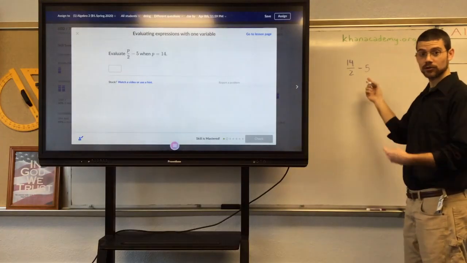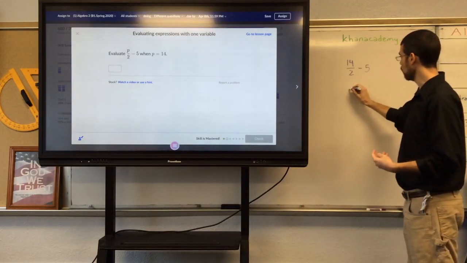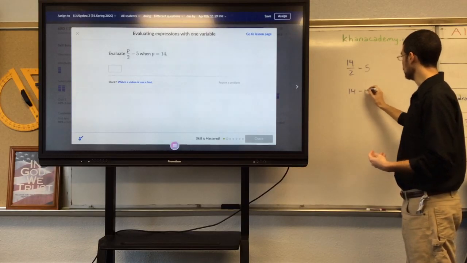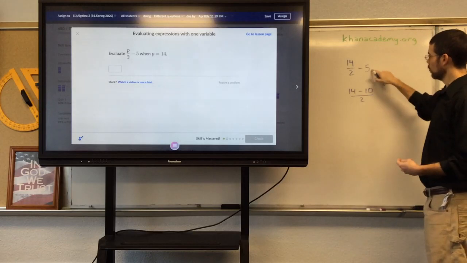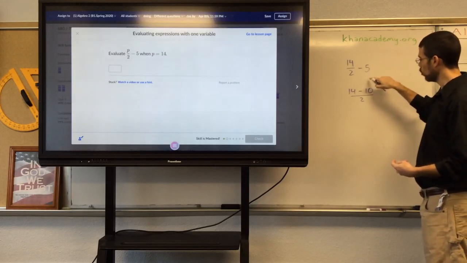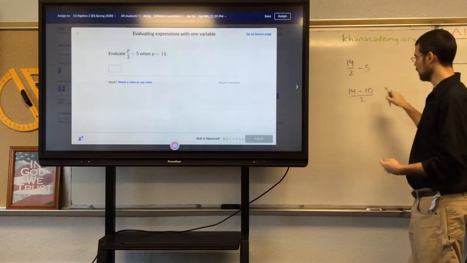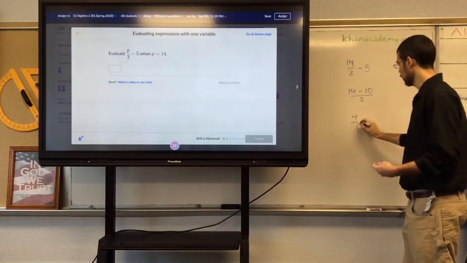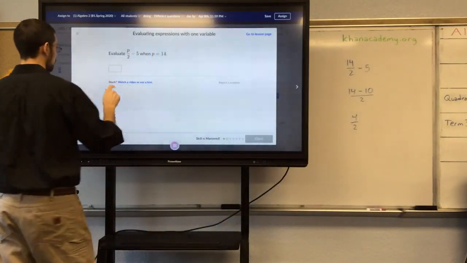So in order to subtract, I need to have a common denominator with these fractions. So 14 halves minus 10 halves. 5 wholes is equal to 10 halves, and now I can do 14 minus 10 is 4, and 4 divided by 2 is 2. So I'll enter 2.